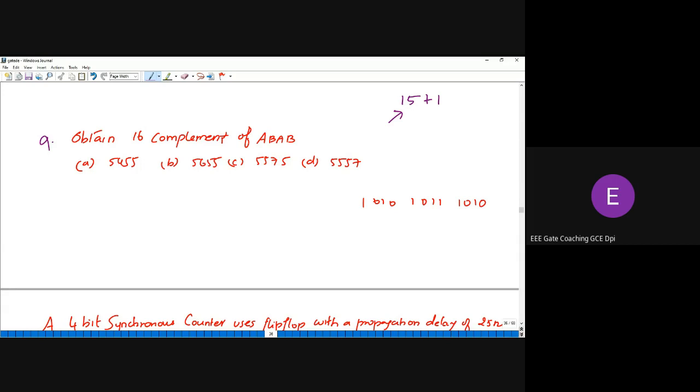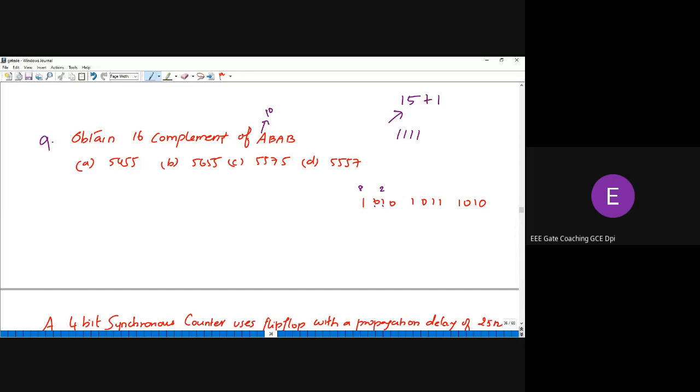Yeah. So 15 is nothing but, how to represent 15 in binary, means four ones. Okay. So AB is nothing but A value is 10. Okay. This is represented in the hexadecimal number. How to represent A in binary, means 1, 0, 1, 0. This is 8 plus 2. Okay.